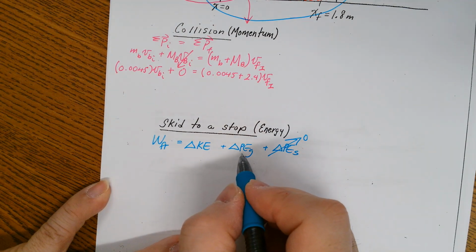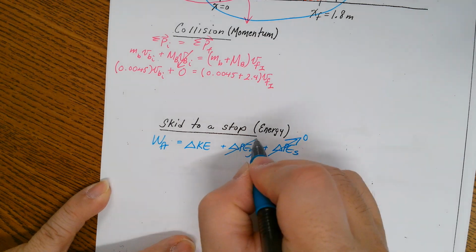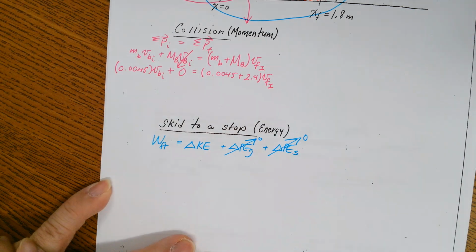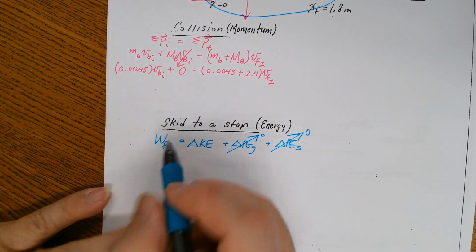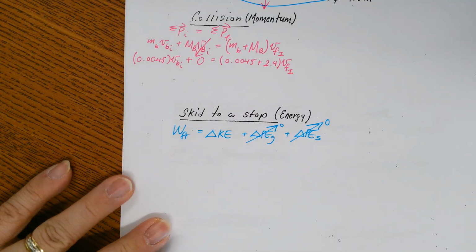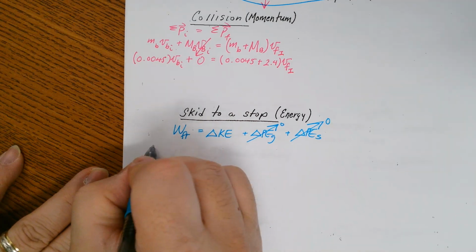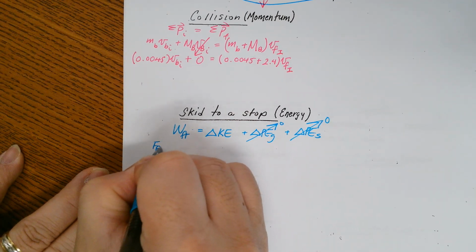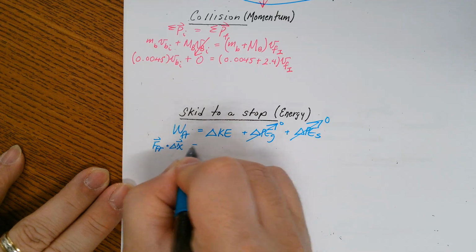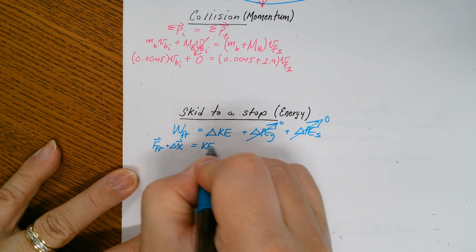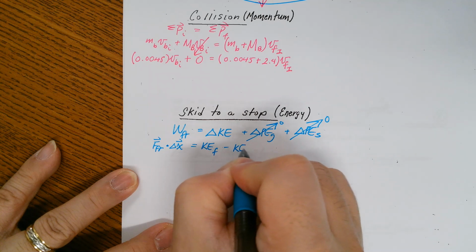There's no change in height, so we don't have to worry about work done by gravity. So this is the only thing we have left, and work done by friction, we know as force of friction dot delta x, and that is equal to kinetic energy final minus kinetic energy initial.